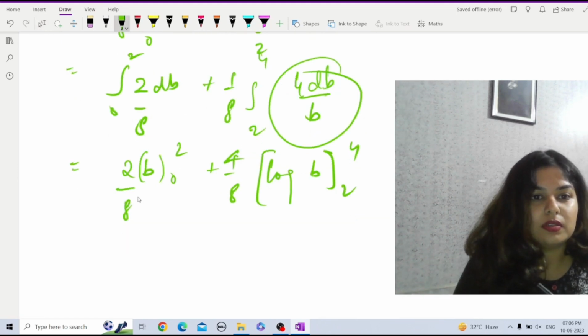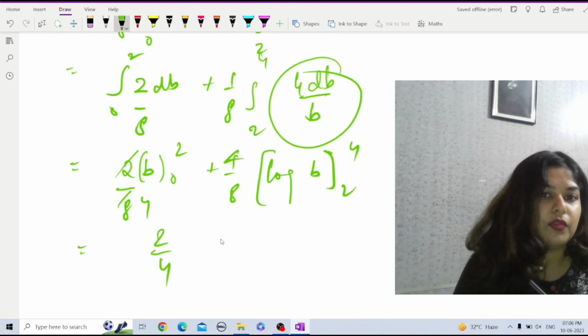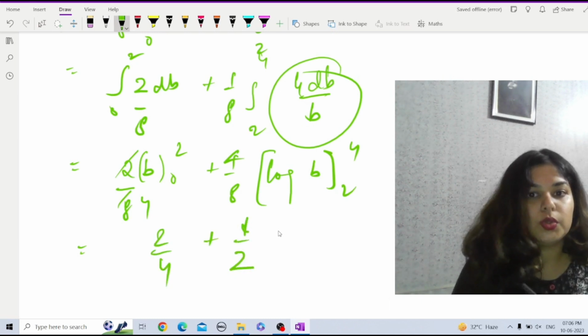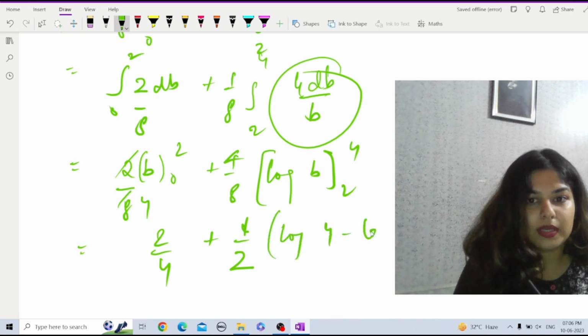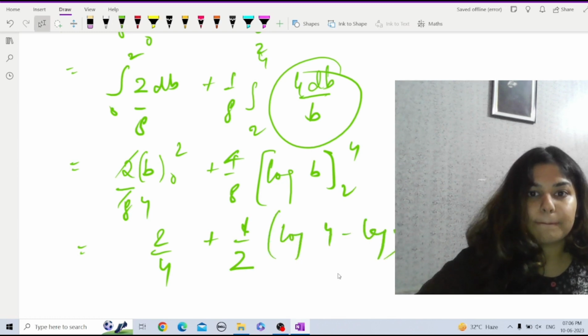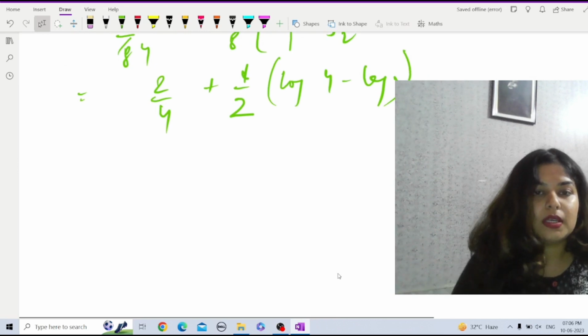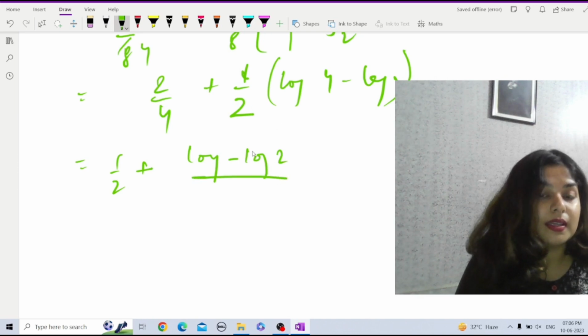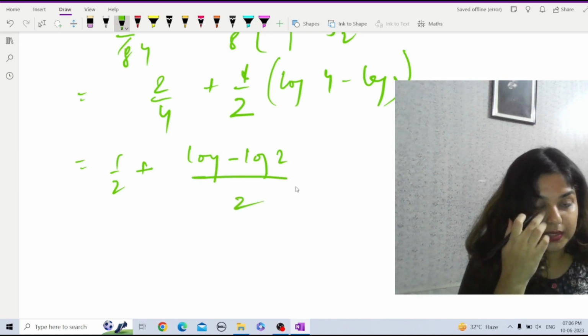So what do we have here? 2 times 2 is 4, over 8, so this is 2 by 4 plus 1 by 2 times log 4 minus log 2. So that is 1 by 2 plus log 4 minus log 2 by 2, correct?